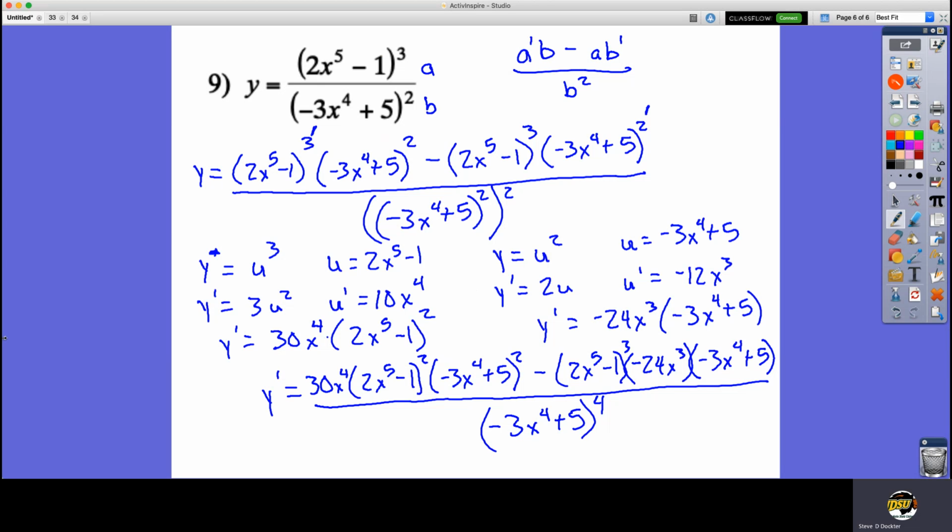All right, do you guys see any questions up here? The one thing that I would tell you to be careful of is this negative 24x cubed here. I put it in parentheses because if you don't put parentheses in there, it can very easily look like this term minus 24x cubed. Most of the time when I'm doing this, I pull the number and the x out to the front, but sometimes I forget, just like I did right here.